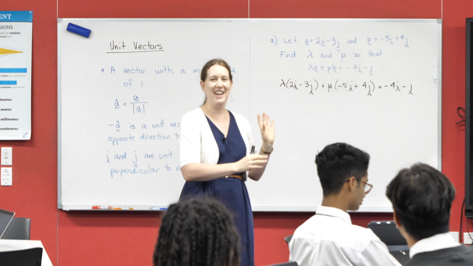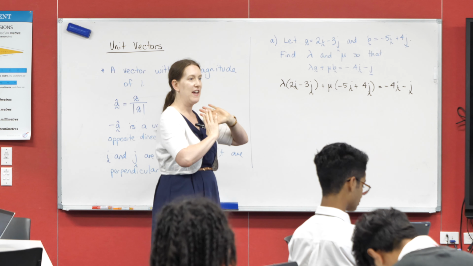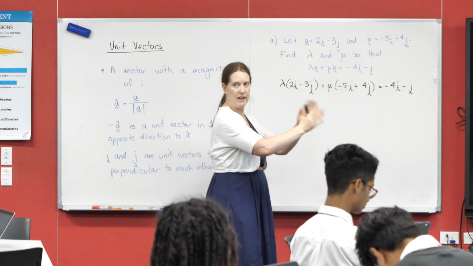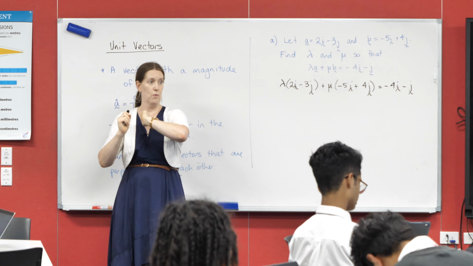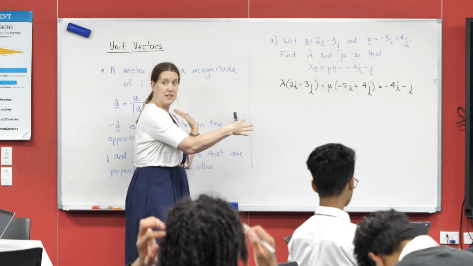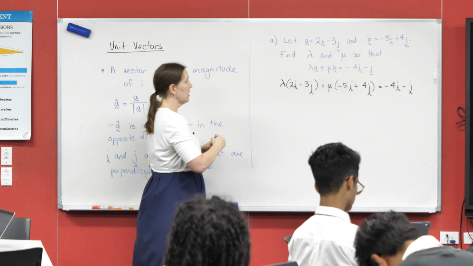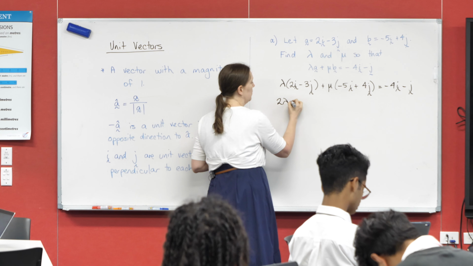But in this context, we're equating all of the vectors in the i unit direction way and all the vectors in the j unit direction way. So how many steps this takes you is up to you. I'm going to really step it out for this example.